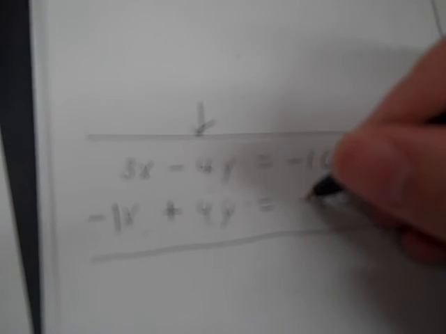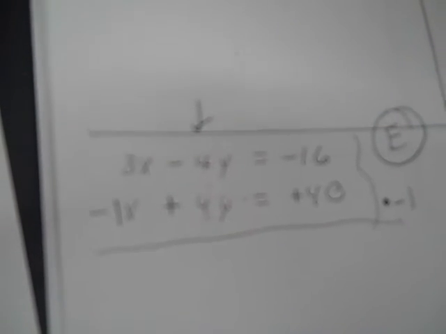And negative 40 times negative 1 would switch that to positive 40. Now they have opposite signs. Now I'm ready to actually add. So I add positive 3 and negative 1. That's 2x. And then I add negative 4 and positive 4, and that's 0, just like I want.